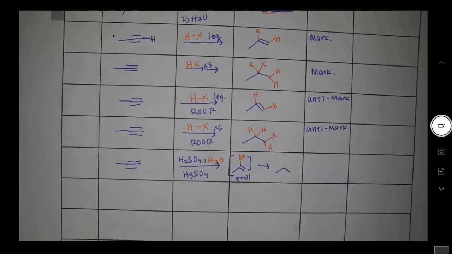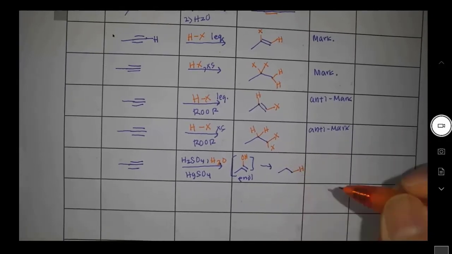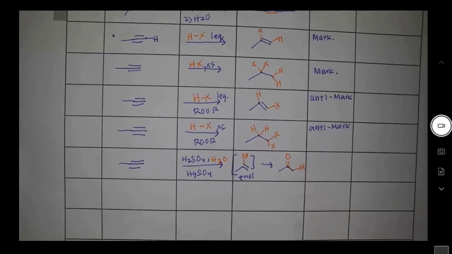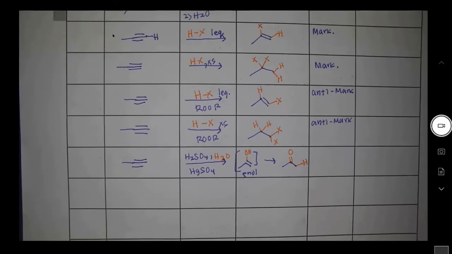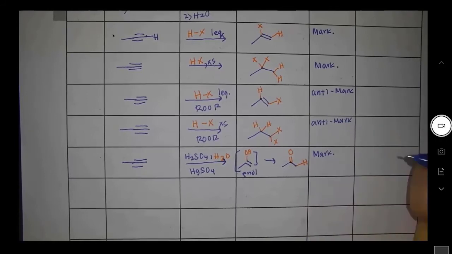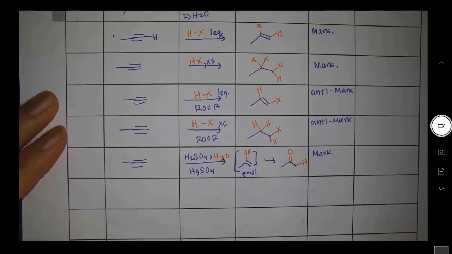So our carbon skeleton stays the same. The H from the alcohol here will jump over to this carbon so that we can make a ketone. And this one is also Markovnikov. So it'll first go to the enol, and then it'll do tautomerization to get to the ketone.